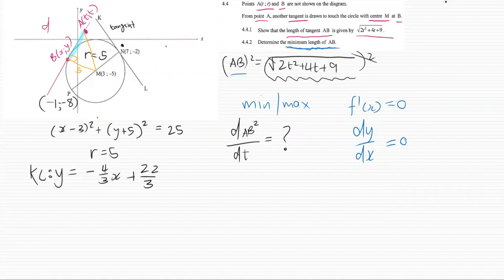So first derivative of 2t squared, you take the 2 times the 2, and then you minus 1 from the original 2. Okay, so we want to find the first derivative of AB squared.